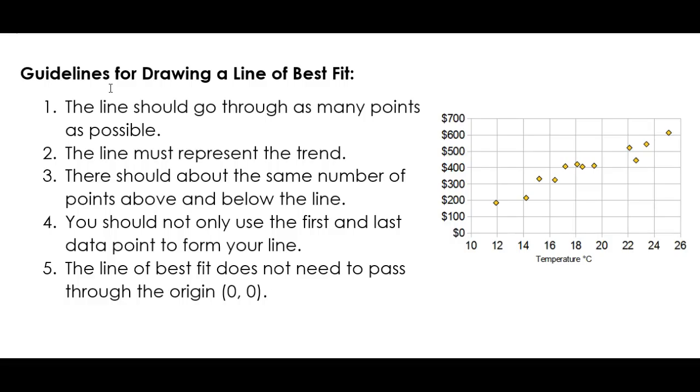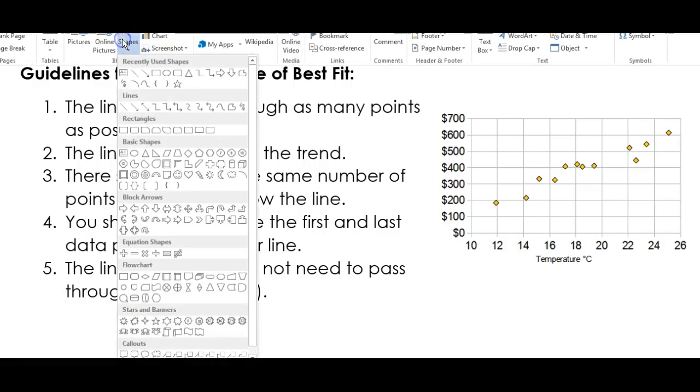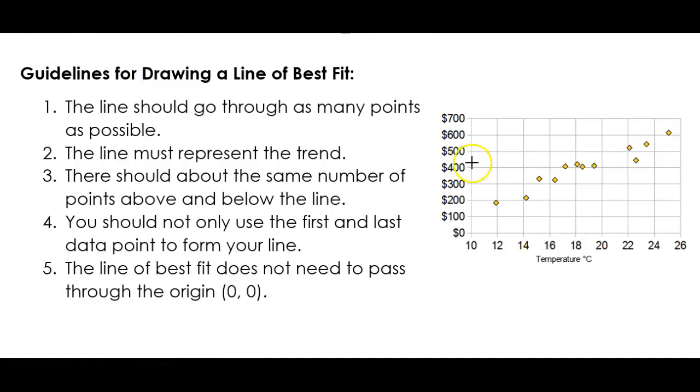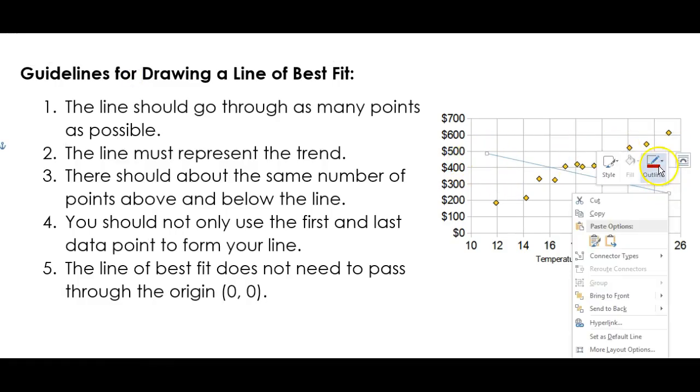But I want you to try and show me that you understand how you should and should not draw a line of best fit. So the line should try to go through as many of the points as possible. That can be hard depending on the data, but you basically want your line to be representative of the trend. So what I mean by this is, I'm just going to get a line going here. It wouldn't make sense for me to draw a line of best fit that looks like that.